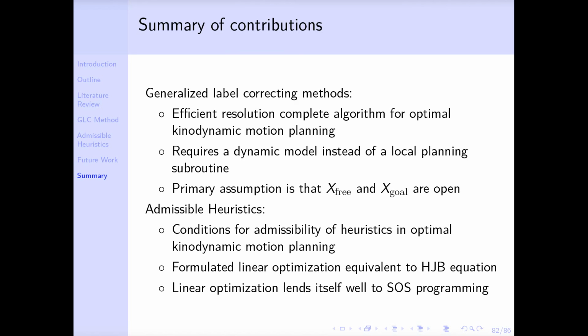But then I used these conditions to formulate a linear optimization and found that it was equivalent to the Hamilton-Jacobi-Bellman equation. And then as a computational procedure for computing an approximate solution, I proposed that we approximate this linear optimization as a sum of squares program and provided an example of that.